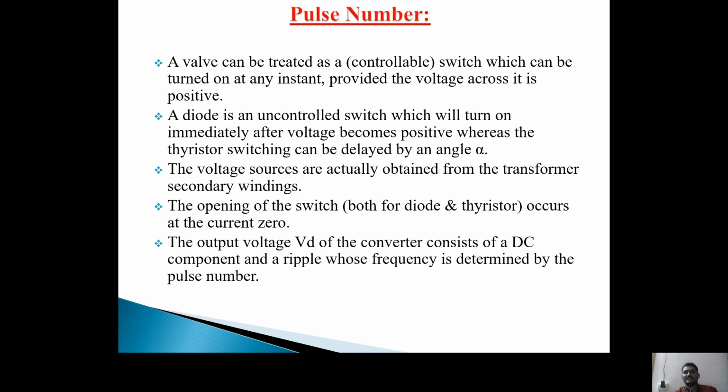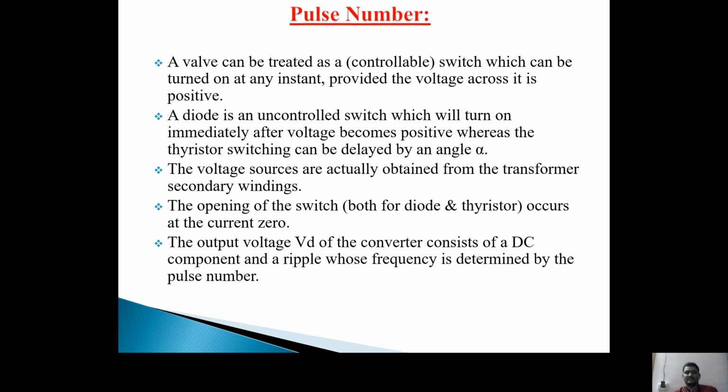The voltage sources are actually obtained from the transformer secondary windings. For both diode and thyristor, the opening of the switch occurs at current zero.